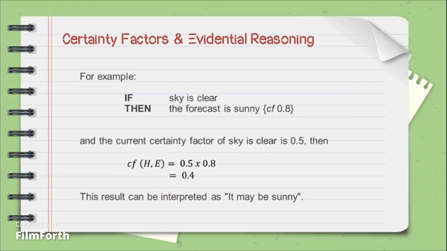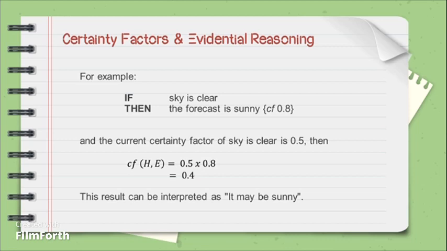So here is the example. If sky is clear, then the forecast is sunny with a certainty factor of 0.8, and the current certainty factor of sky is clear is 0.5.